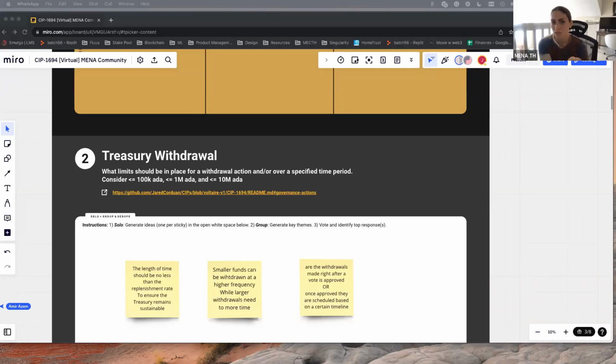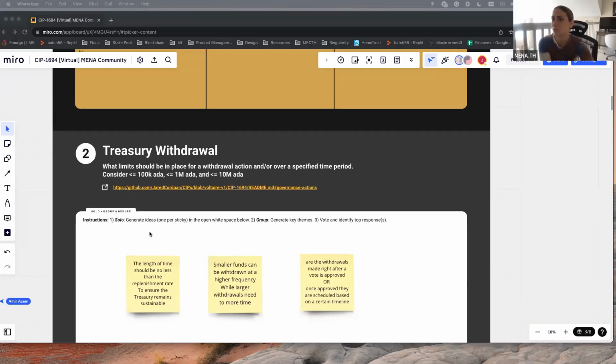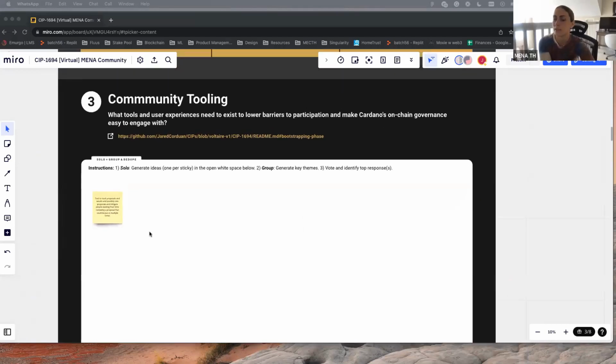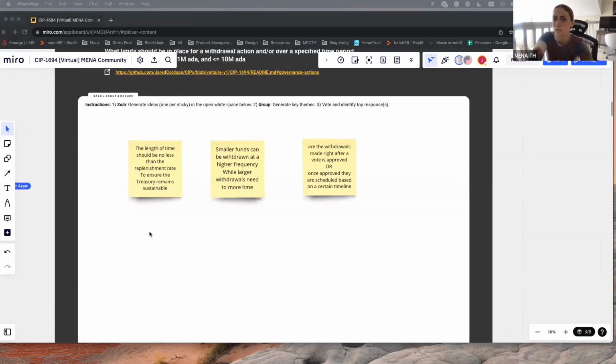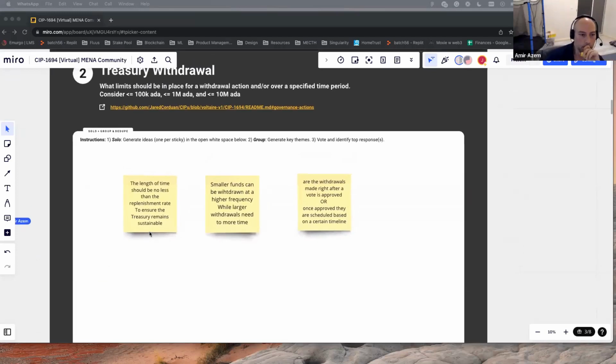Yeah. Which goes back to, or makes us go here with the tooling. When it comes to the social layer, are we good to go past this? I'm good for myself.